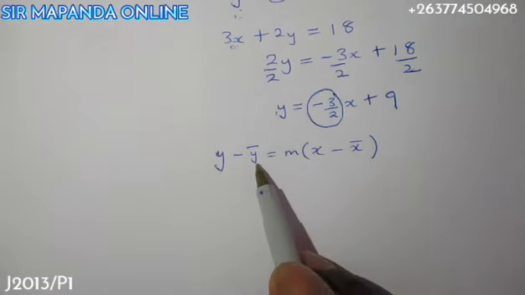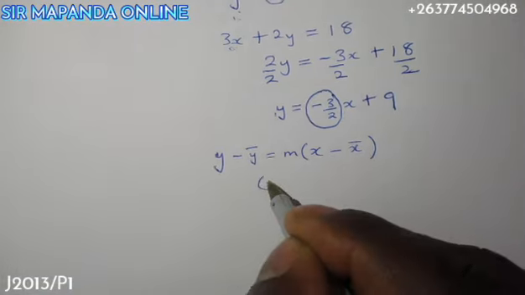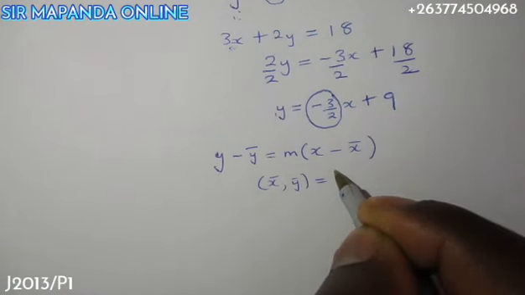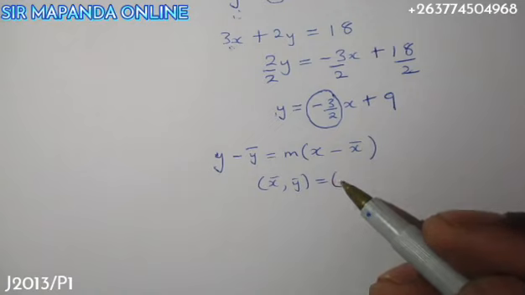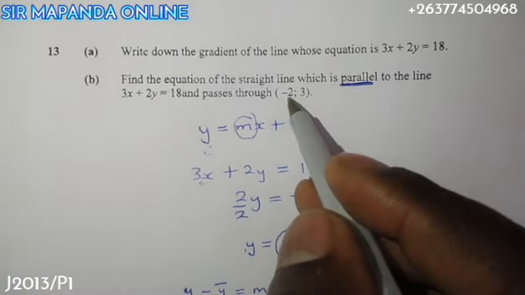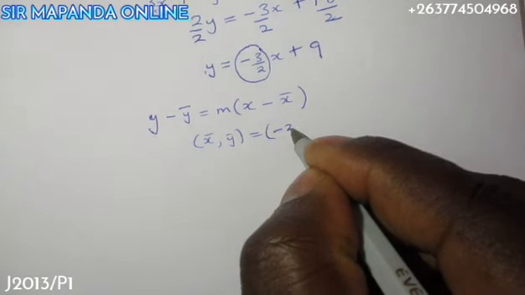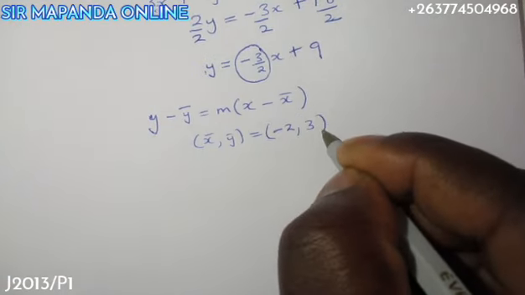So x̄ and ȳ represent the given point where the line is passing through, and the point is minus 2, 3. So x̄ is minus 2 and ȳ is 3.